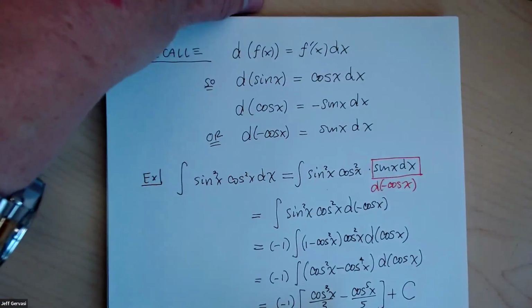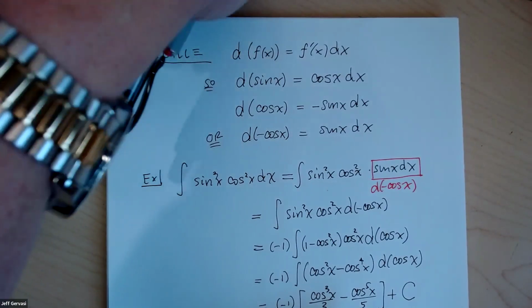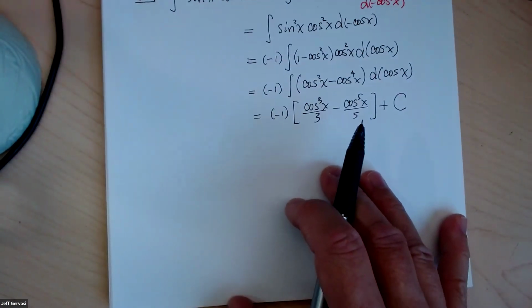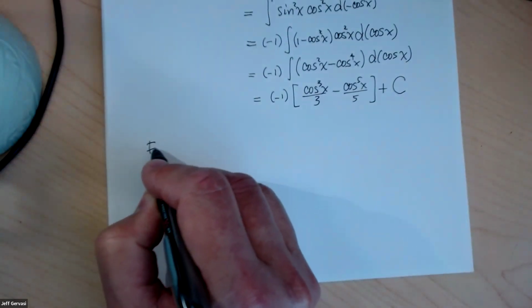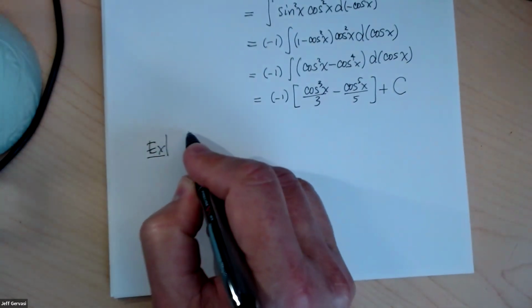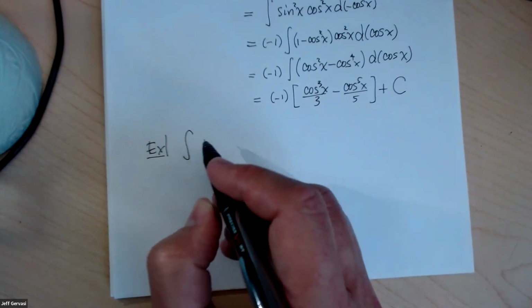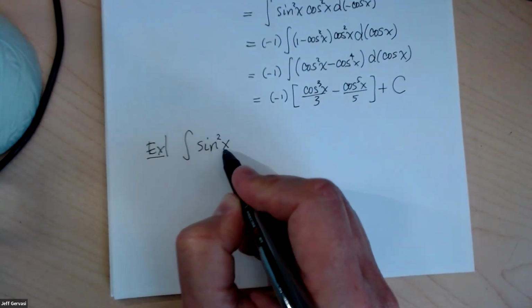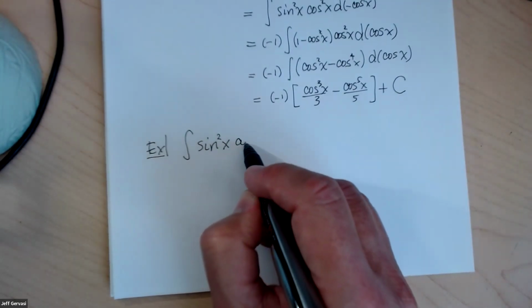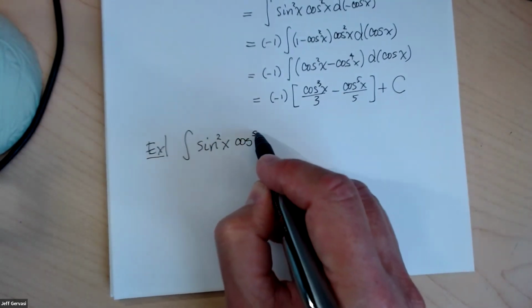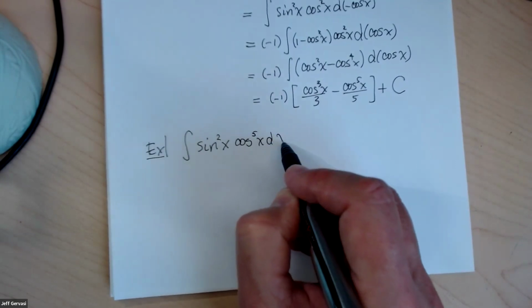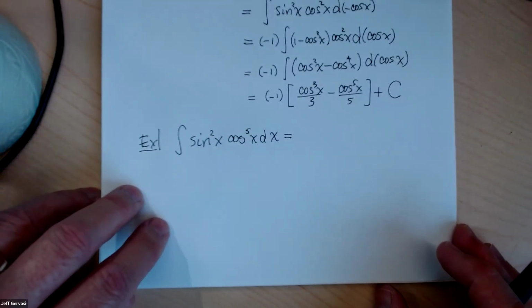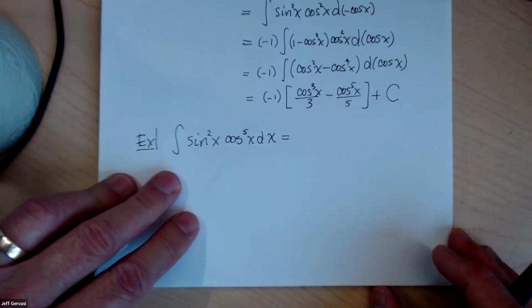Get all my pens out of the way here. I consider this one. Okay. Now this time, the power of the cosine is odd.